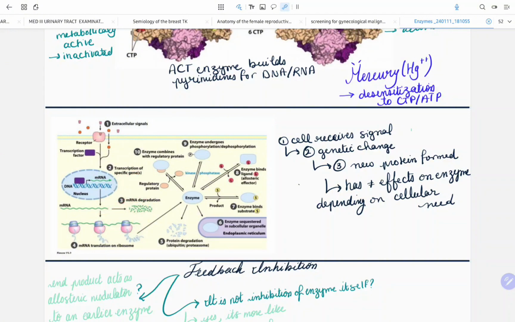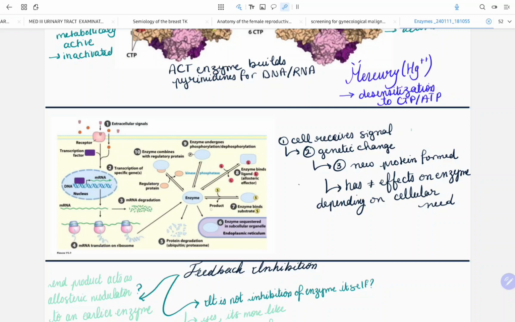And these proteins then go and regulate the enzyme. So this enzyme might be degraded. It might be sequestered into the ER, endoplasmic reticulum. It's not broken down. It's just taken back when it's needed again. So it's like putting it in the closet and I'll use it again when I need it.